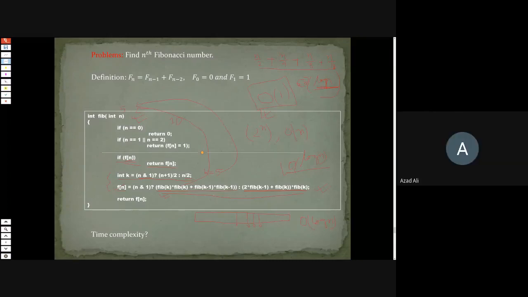Okay. And sir, another question was that we can find the Fibonacci number by the Binet formula that was derived by the mathematician, and we can use it up till some number, because after that it will overflow in the program.